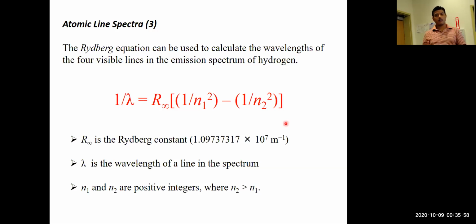One common thing that I notice is that students get confused on what equation to use. The equation you are looking at is only to calculate the wavelength of the hydrogen element. Only the wavelengths of the hydrogen element. That's what the Rydberg equation is used for.